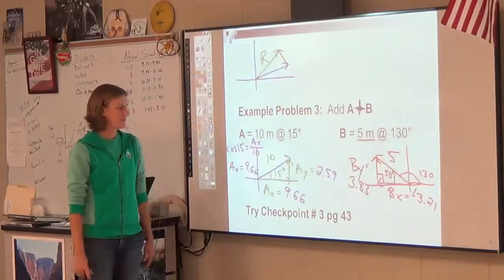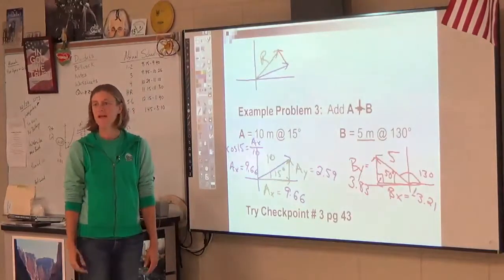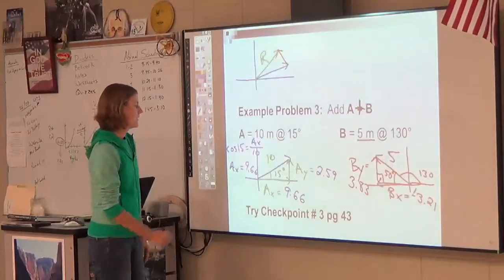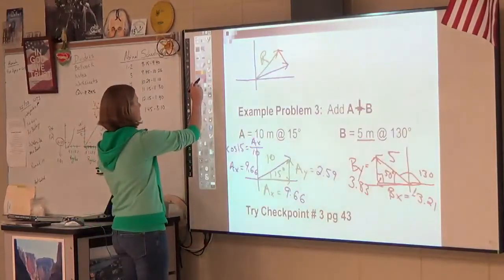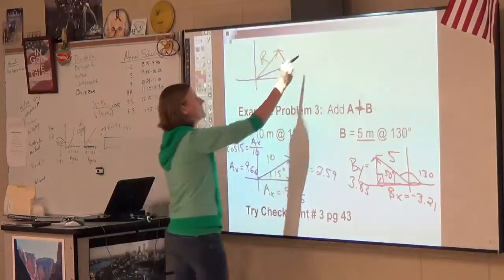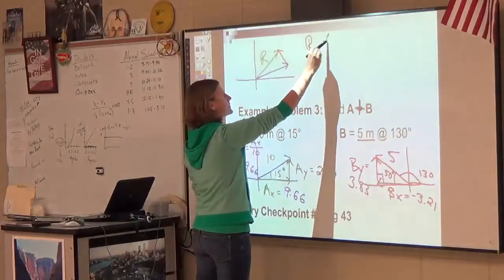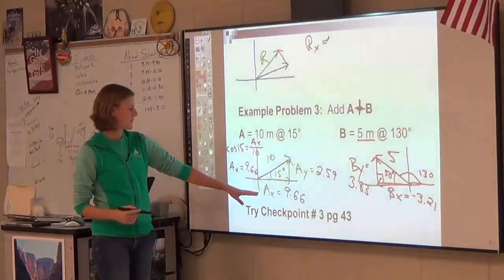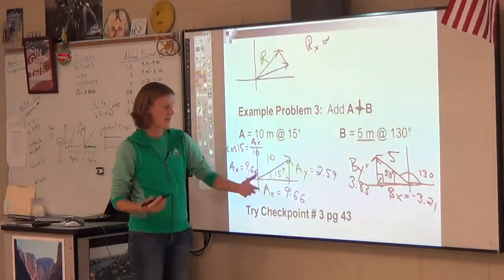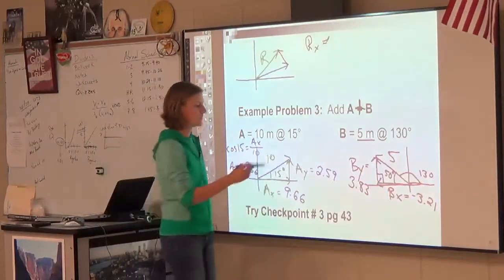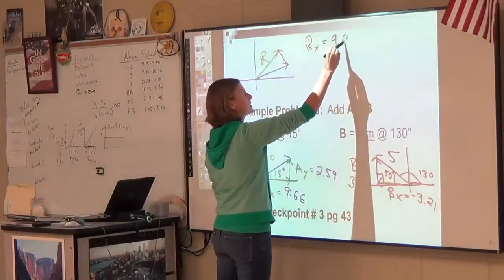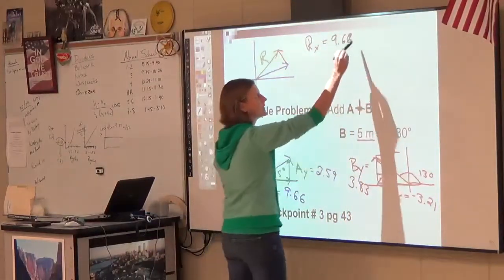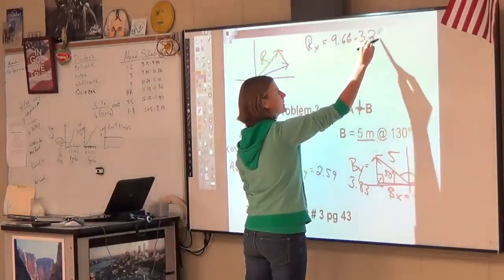Okay, so now what do we do? Add them all together, and keep the x's and y's separate still. So Rx, my resultant x component, is the sum of all the x's: 9.66 minus 3.21.